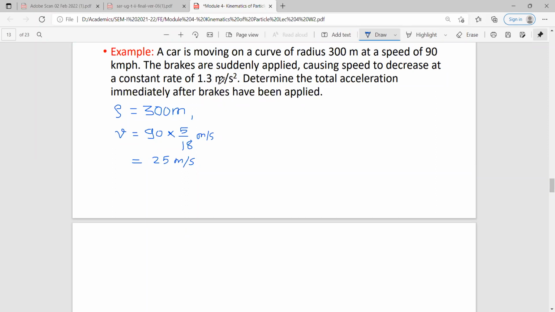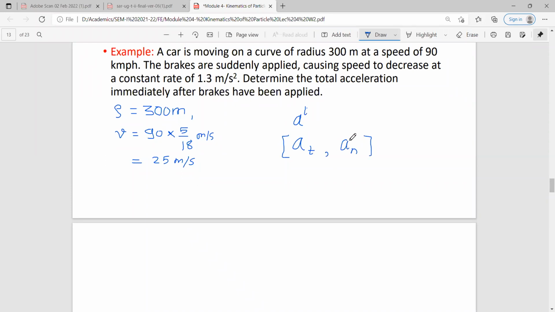So whether this 1.3 meter per second square is tangential component or normal component. You know that when a particle moves along a curve, along a curvature, it will have two components of acceleration.